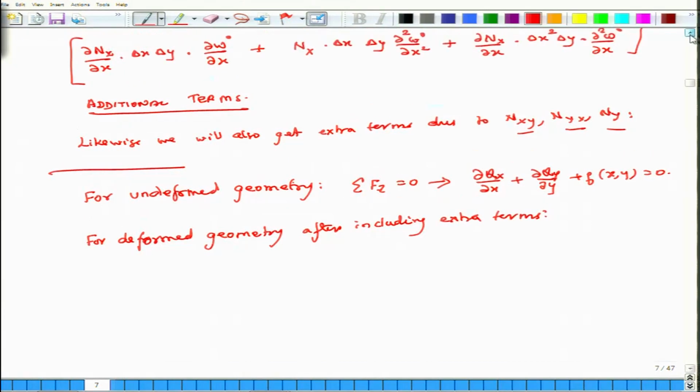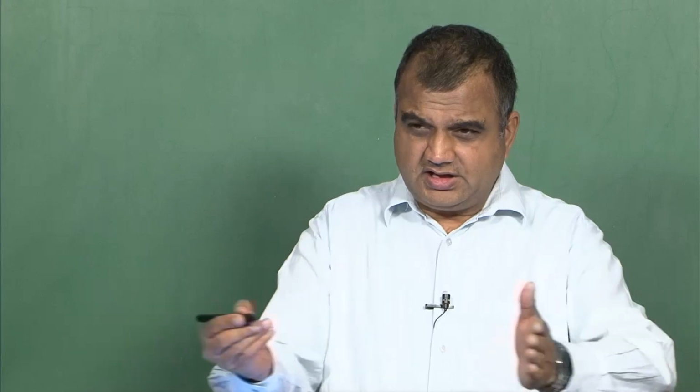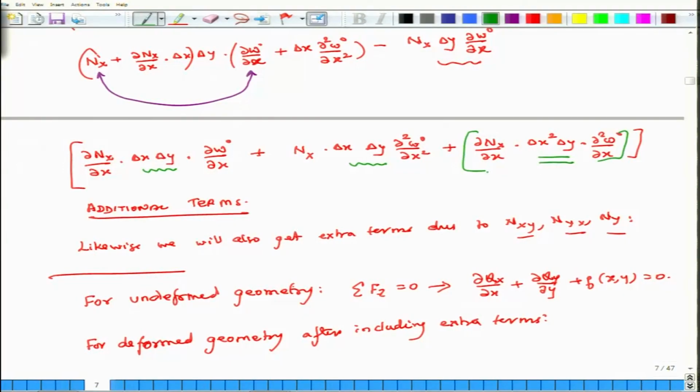But before we include extra terms, I wanted to make one more comment. Here I have a multiple of delta x delta y. Here I again have a multiple of delta x and delta y. But here I have a multiple of delta x square times delta y. So if I make my delta x and delta y extremely small, this term will very rapidly vanish to 0.